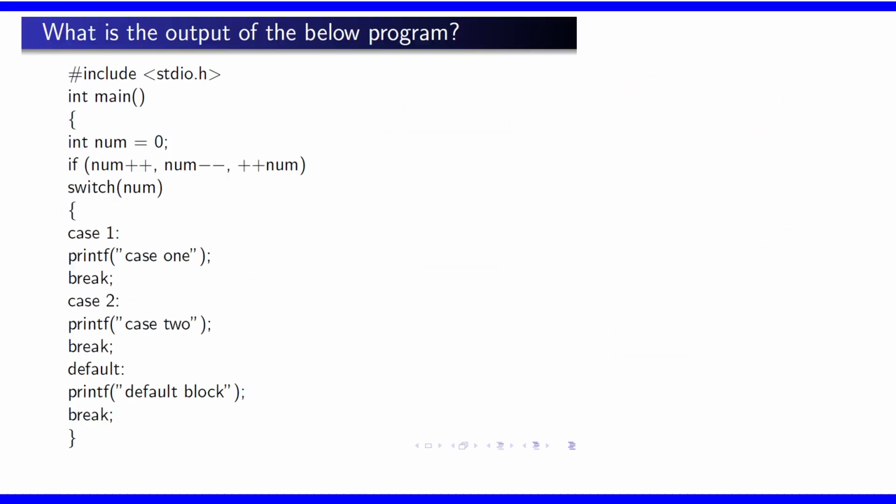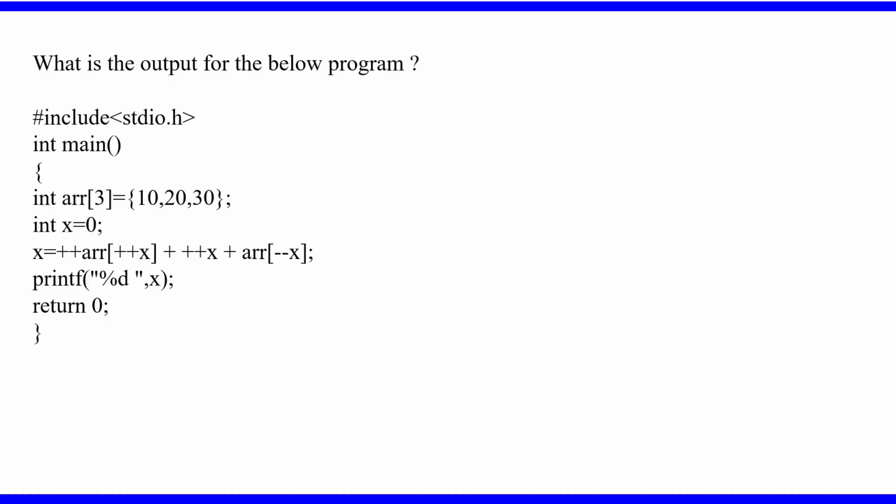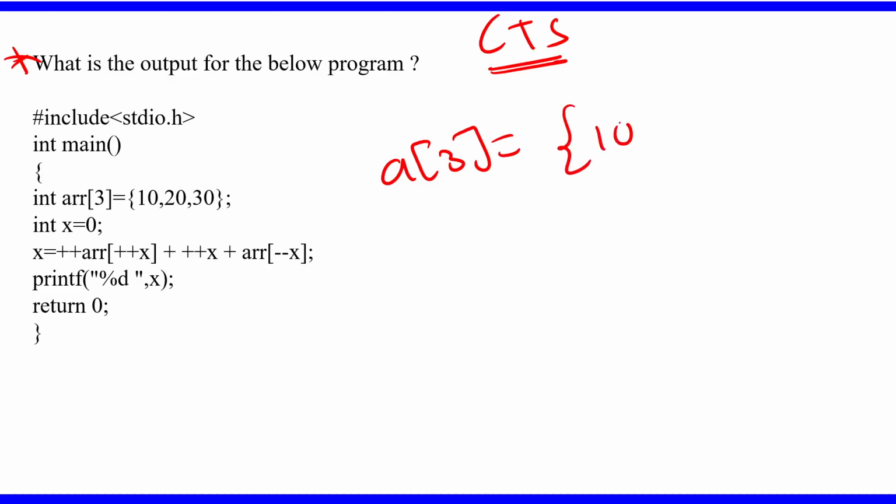Okay, so there are so many cases. This is a previous debugging question, a CTS Cognizant company question. You please try to guess the answer. Given a of 3 is equal to 10, 20, 30. We have so many problems in switch case and so on, but I am just going through one problem as a revision. x is equal to 0.